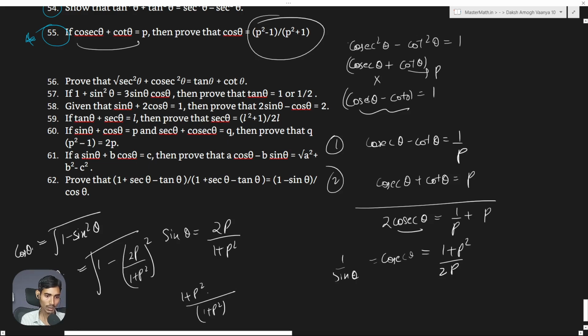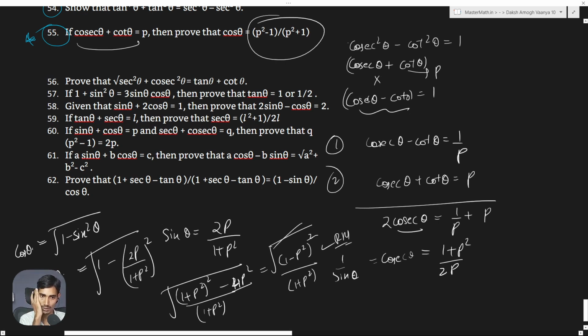So 1 plus p square whole square minus 4p square, and this would give us 1 minus p square whole square, square root, numerator denominator is already there. So this gets cancelled and this is the RHS or whatever it was.